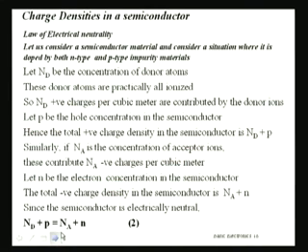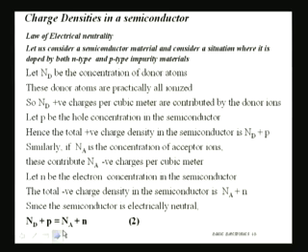Now let us consider the charge densities in a semiconductor. Before that, we must know the law of electrical neutrality that is satisfied in the semiconductor. Let us consider a semiconductor material doped by both n-type and p-type impurities, and let Nd be the concentration of donor atoms.